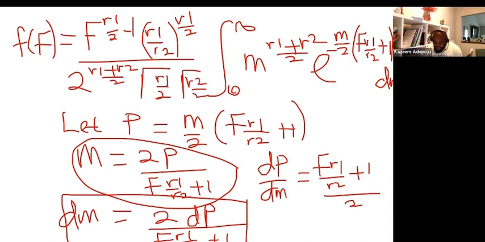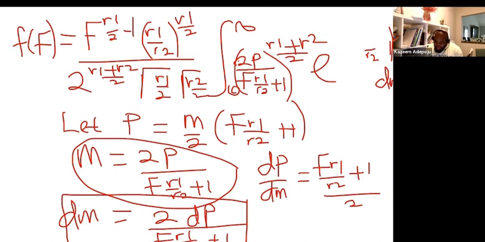Now if I come back, let's say I've already done all of that, and I basically want to plug them in here instead of m. Instead of m, I write 2p divided by f r1 r2 plus 1, all of that, raised to power that guy. Then the other one here is just going to be raised to power negative p.